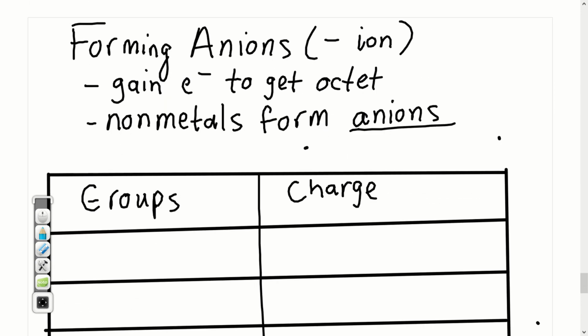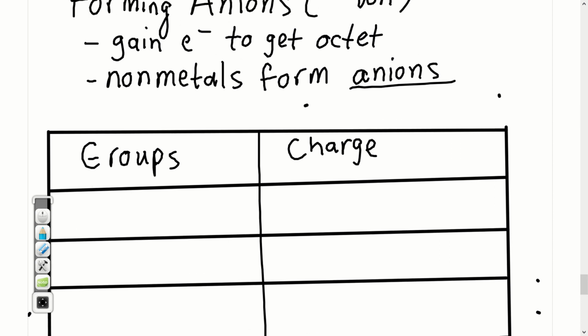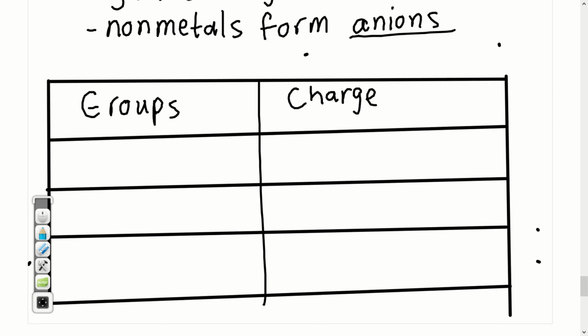they like to gain electrons, because they're so close to 8 already. Non-metals form anions. So on this side, I'm going to count backwards. Group 17 has 7 valence. They only need 1 more, so they become negative 1.